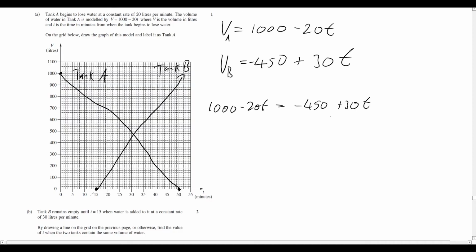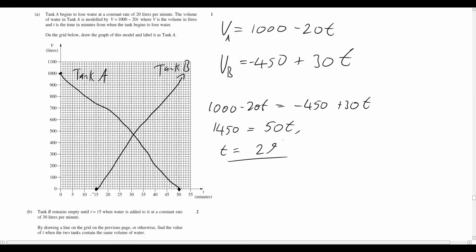Okay, so let's solve for t now. So we'll add 20t to both sides and then add 450 to both sides. So we're left with 1450 is going to be equal to 50t. And so now solving for t, we get that t is going to be equal to 29.